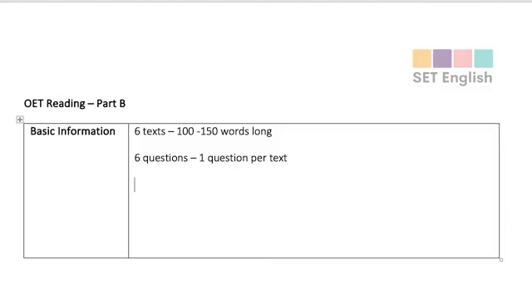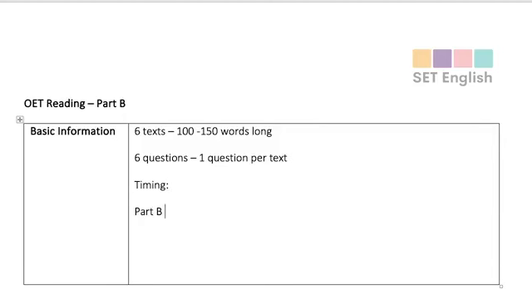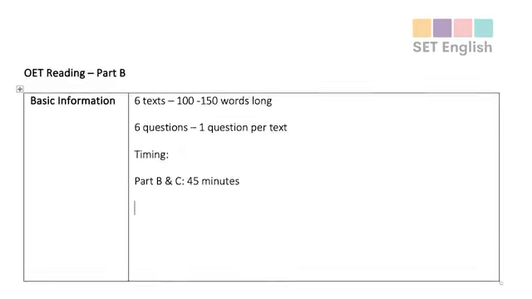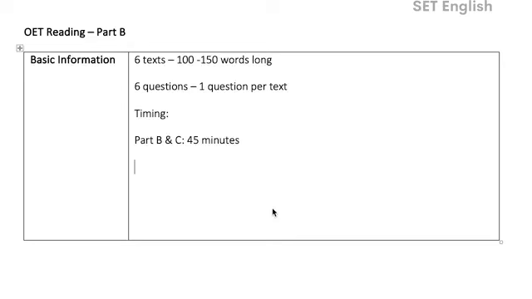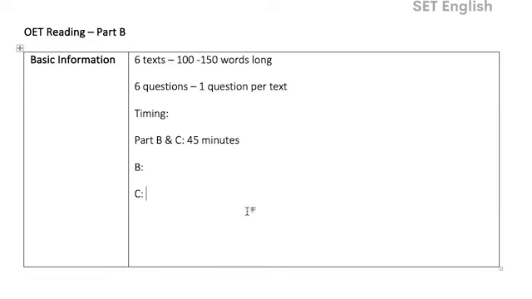Now, in terms of timing, it's your choice, isn't it? Because for Part B and C, you get 45 minutes. If we consider how long that is for each section, think about the number of questions.